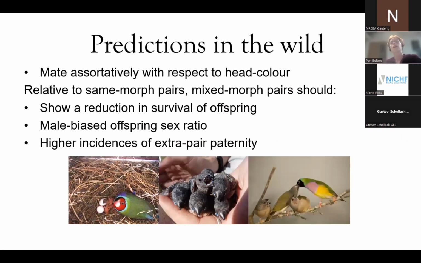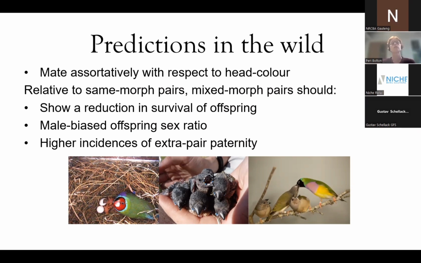So we wanted to find out how is this happening in the wild, and how are they dealing with this incompatibility? We had some predictions based on the work that Sarah had done. We would predict that where available, they would mate assortatively with respect to head color, so black with black and red with red, and they would do that more than just if it was random.